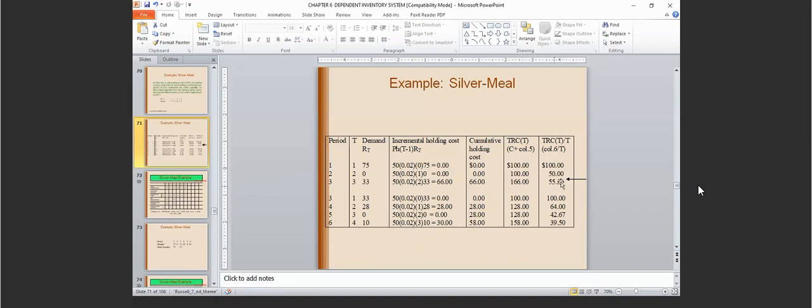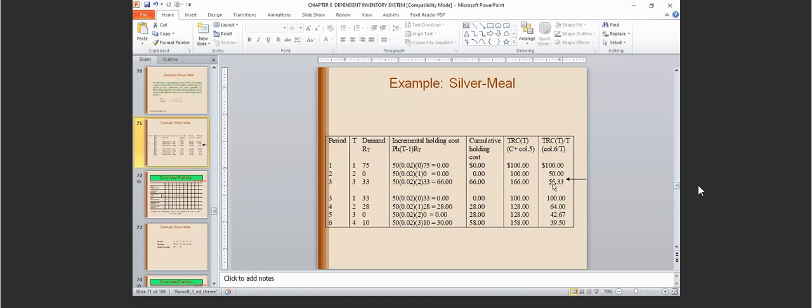166 kita akan bahagikan dengan T tersebut untuk dapatkan purata. Jadi kita akan dapat 55.33. 55.33 ini menunjukkan terdapat peningkatan secara purata bagi kos tersebut. Jadi kalau kita tambahkan lagi period untuk menentukan kuantiti pesanan, kita berandaian bahawa kos akan lagi meningkat.